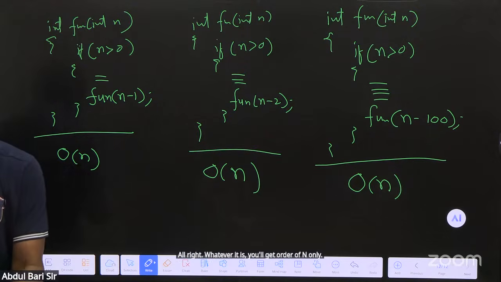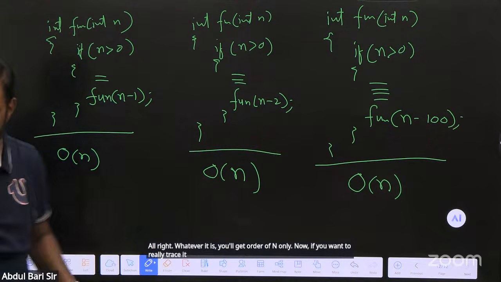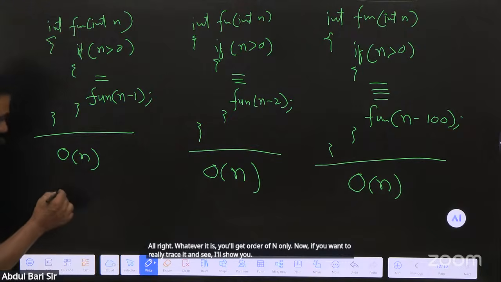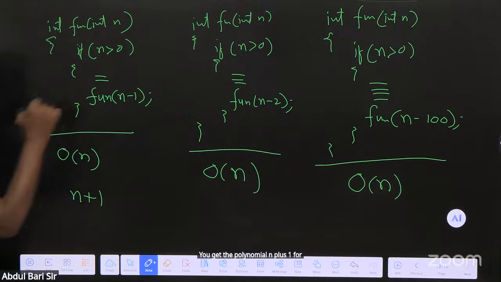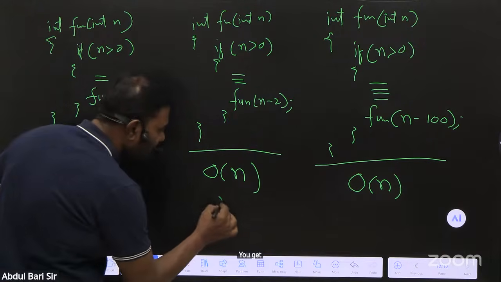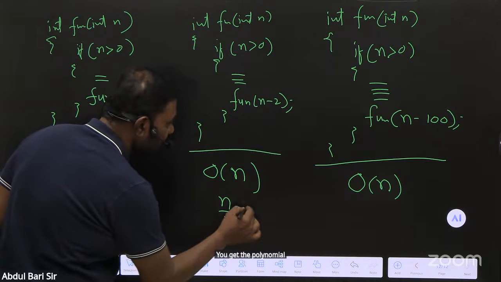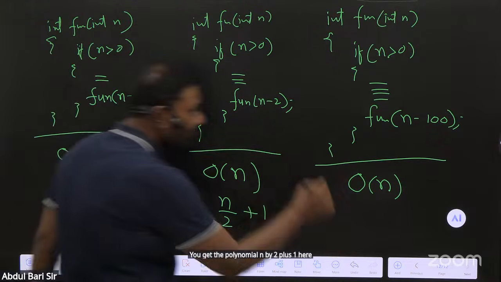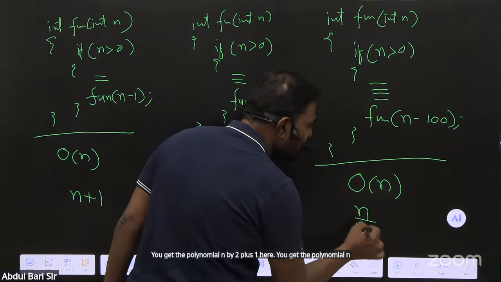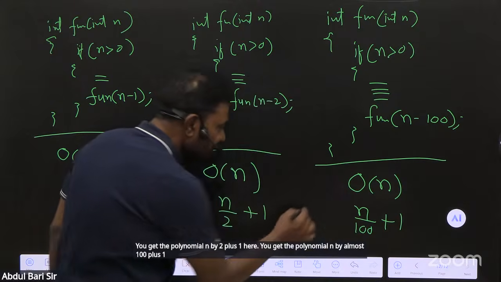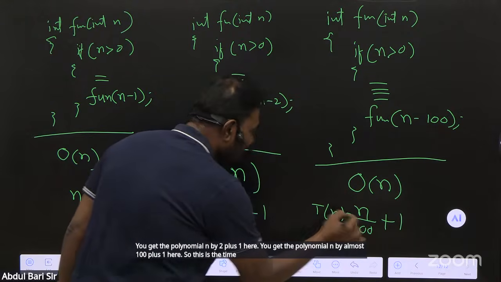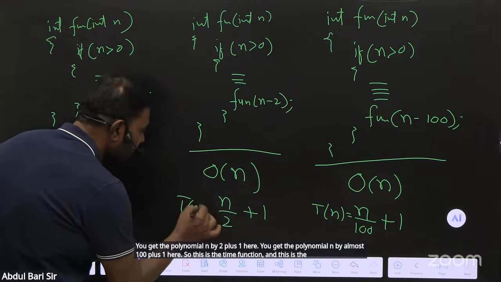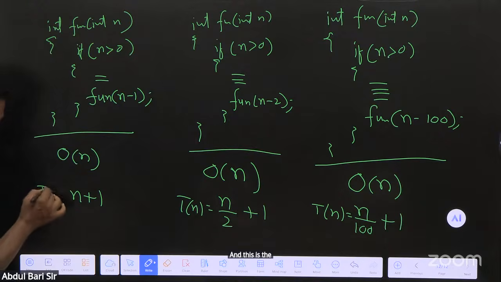Now, if you want to really trace it and see, I'll show you. You get the polynomial n plus 1 for this one. You get the polynomial n by 2 plus 1 here. You get the polynomial n by almost 100 plus 1 here. So this is the time function, and this is the time function, and this is the time function.